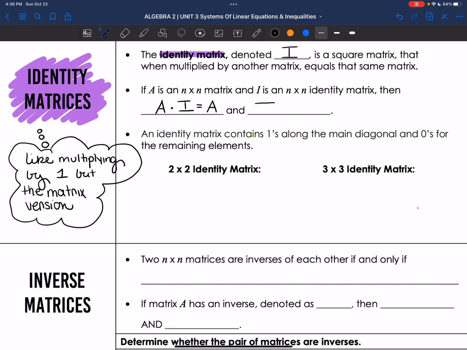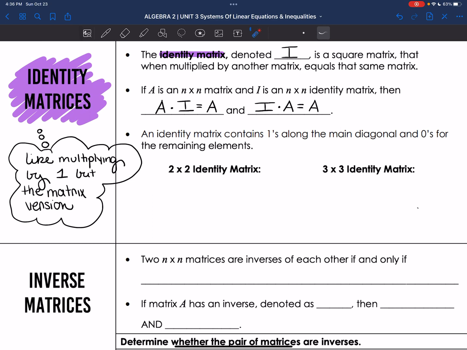Or if we change the order and multiply the identity matrix first and then matrix A, the result will still be matrix A. It's like multiplying matrix A by 1. You're just going to get that same exact matrix A back out as the result of that multiplication.